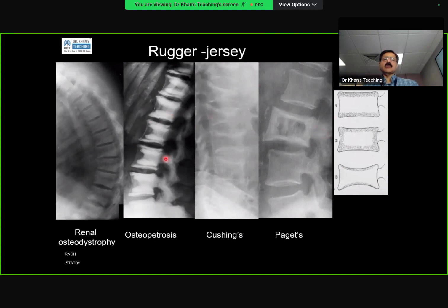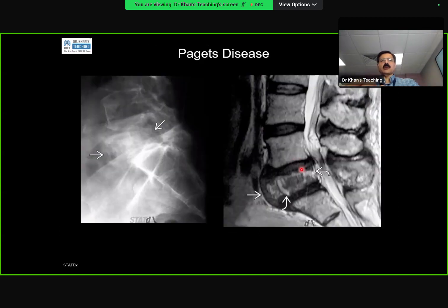There are others: rugger-jersey spine. This one is renal osteodystrophy, where you see, again, rugger-jersey spine, etc. This is Cushing syndrome, where you find osteoporosis and sclerosis. In Cushing syndrome, a lot of new bone or exuberant osteoid tissue can be formed. But the main point here is the picture frame vertebra.